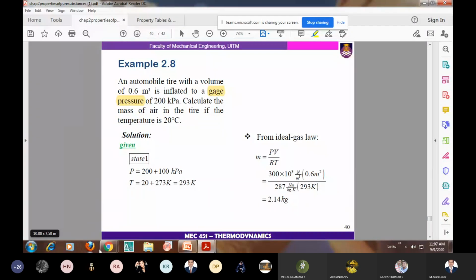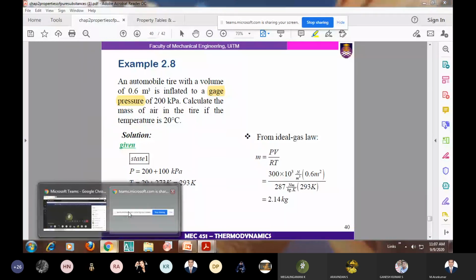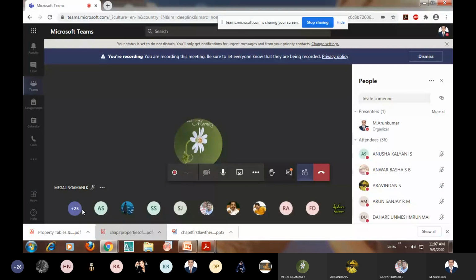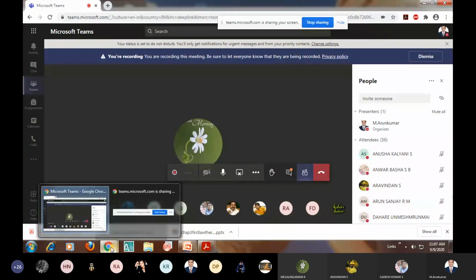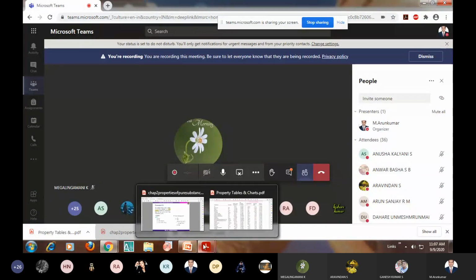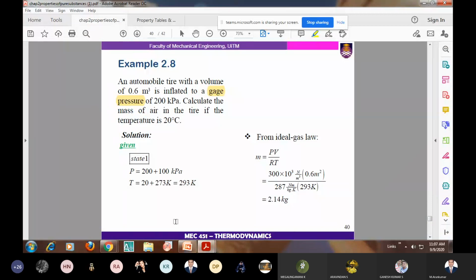PV equal to mRT. We want to find the mass, so we can use the formula PV is equal to mRT.